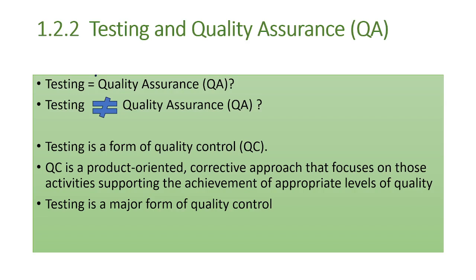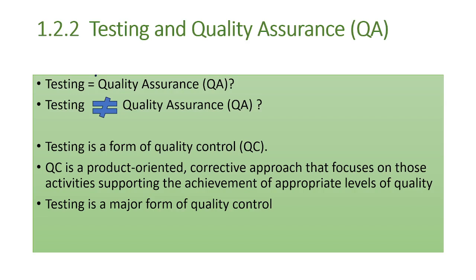So firstly we will see what is quality control. Quality control is a product oriented corrective approach that focuses on those activities supporting the achievement of appropriate level of quality. So suppose you have a product and you work in such a way that the whole approach should be tending toward the quality of the product, and it basically comes under product oriented items.